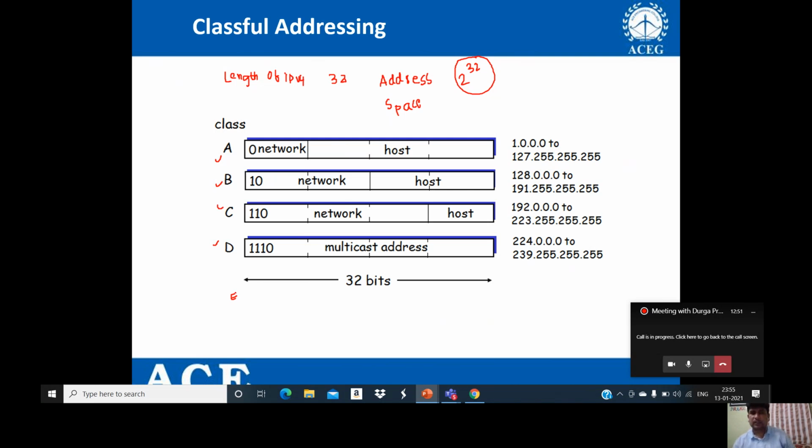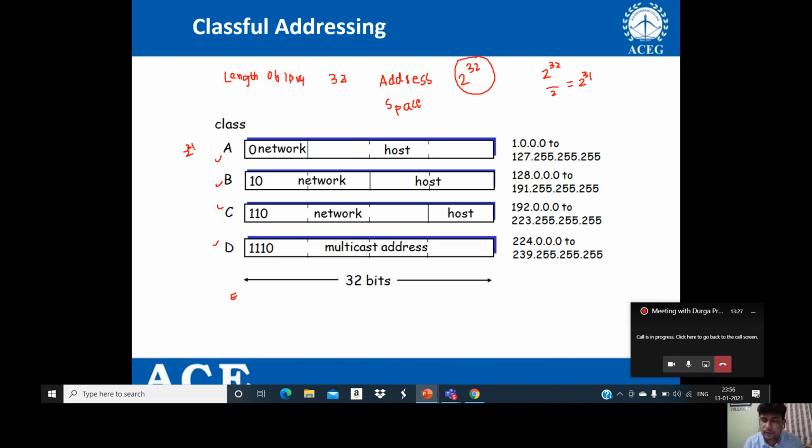Now, the first half of the total IP addresses, that is 2 power 32 divided by 2, which equals 2 power 31 IP addresses, is allotted to class A. So class A is going to have a total of 2 power 31 addresses. The remaining 2 power 31 addresses are shared between the balance.